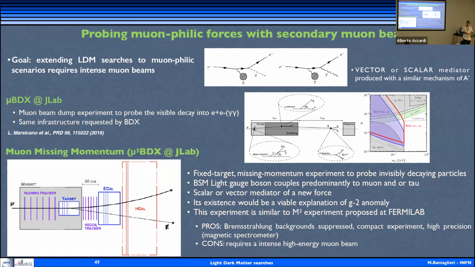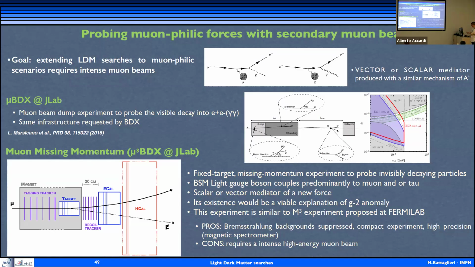Why not? And then you can think about a missing momentum, but this time with the muon. Muons have the big advantage that they interact less than an electron. They do not produce a shower. I mean, the probability is very low. So being low, it's much easier to measure a missing momentum of a muon.